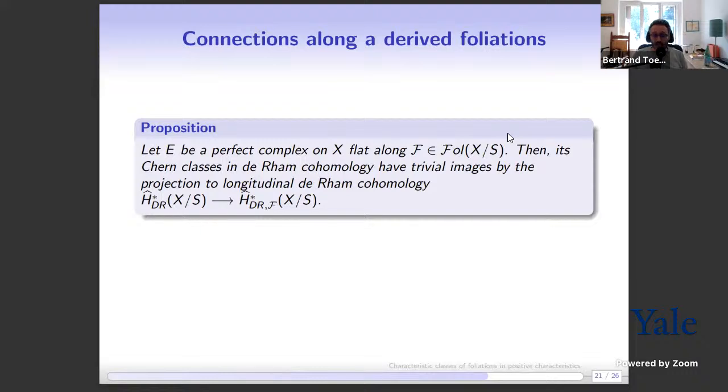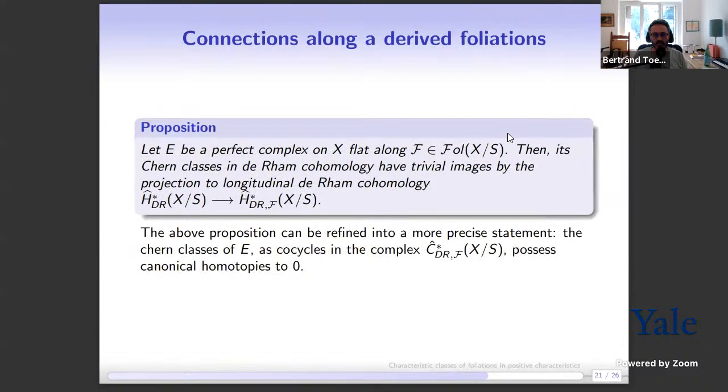Now this proposition says that if I have a perfect complex on X which is flat along a derived foliation, it has Chern classes in the de Rham cohomology of X over S. If I project from the de Rham cohomology to longitudinal de Rham cohomology, then I get 0. The statement is a little bit more than this: on the level of chain complexes, these images have a canonical homotopy to 0.